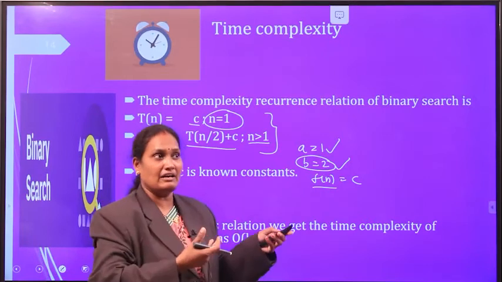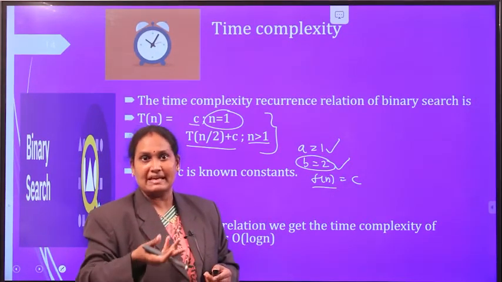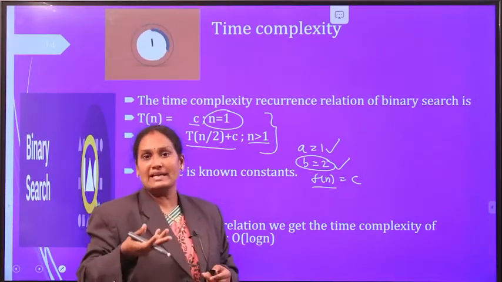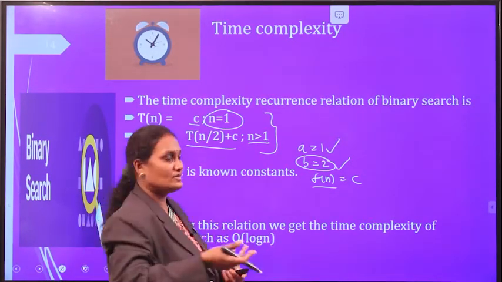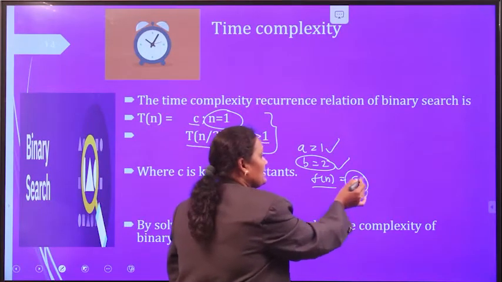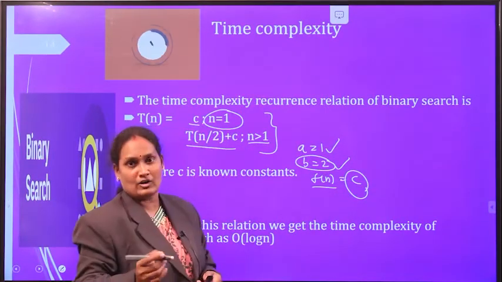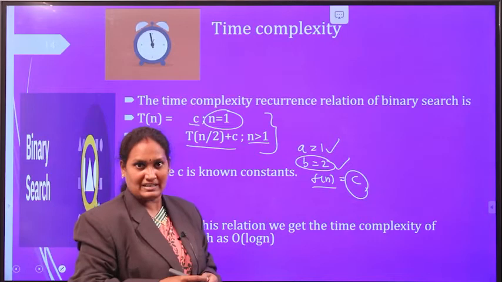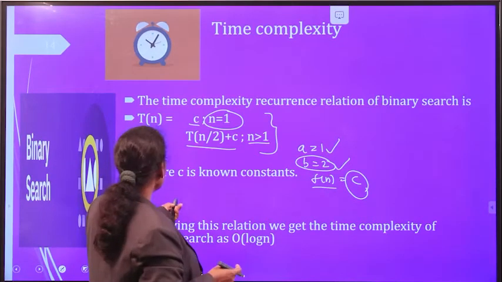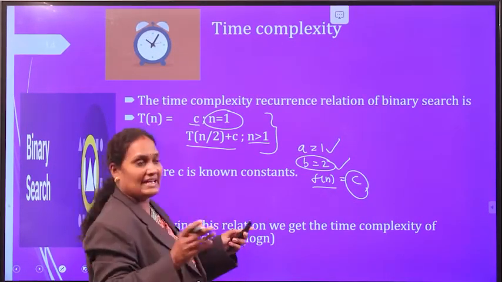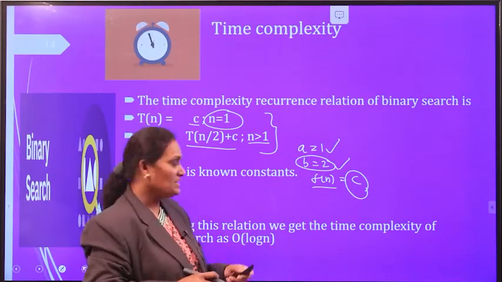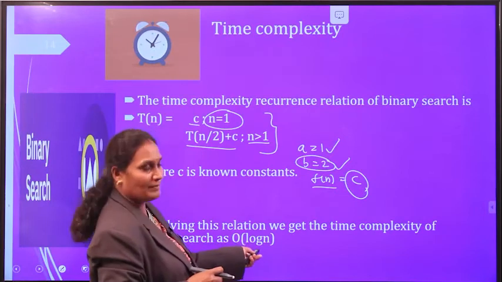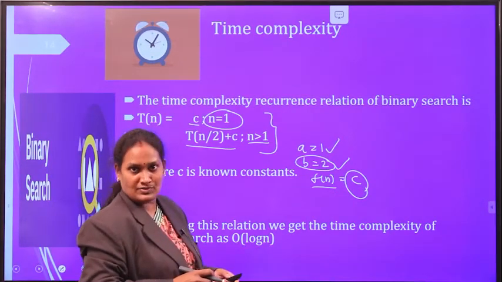Here there is no need of conquering the solutions. Just dividing the problem only we are doing. So the function f of n can also be represented with a constant time, which is C. Now, by solving this recurrence relation, either by the substitution method or by the Master's theorem, you can get the time complexity of binary search as big O of log n.